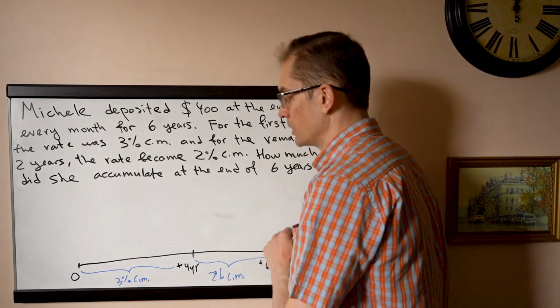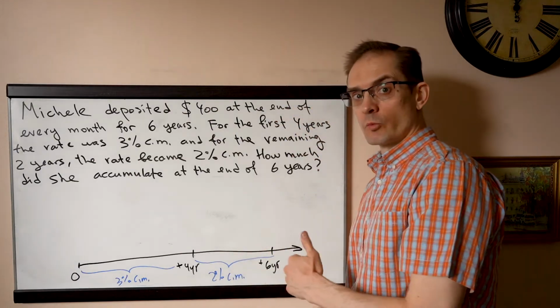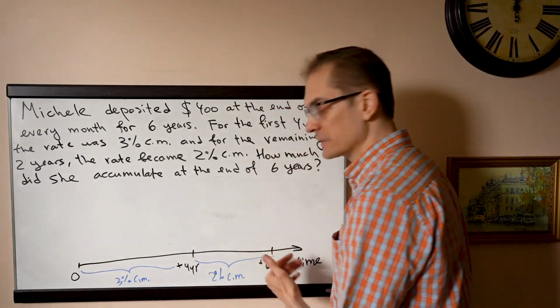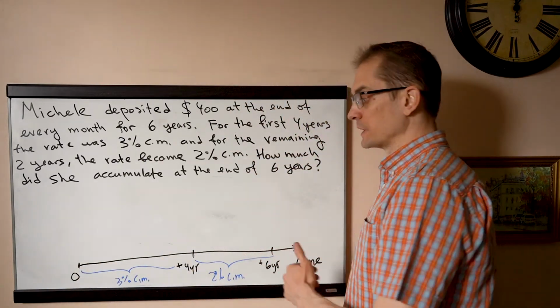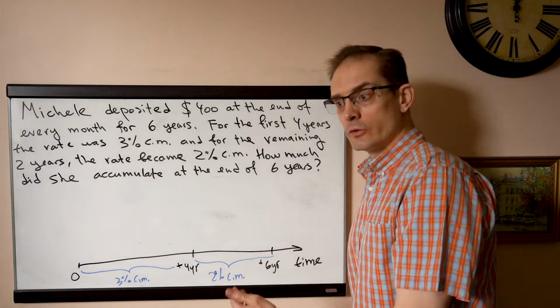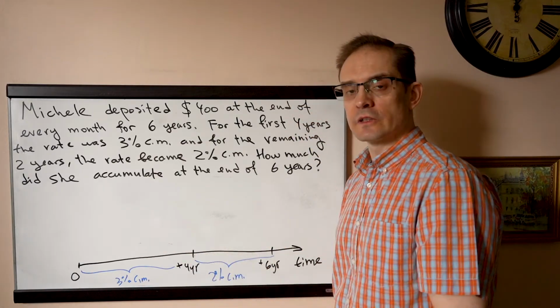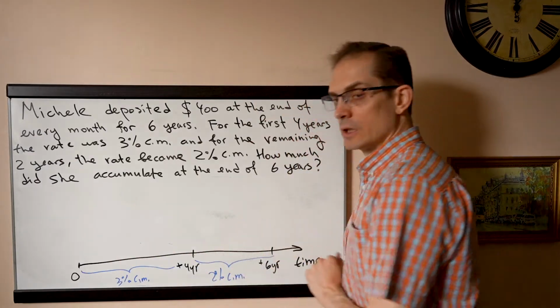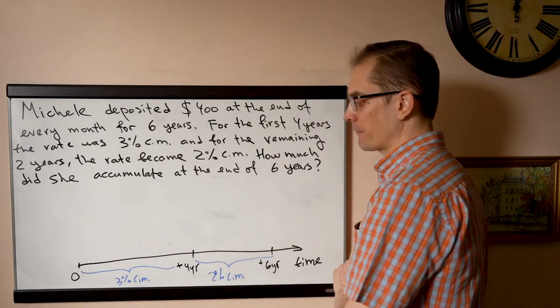So once again, because our rate changes from one to another, we cannot say that it's one annuity for all 6 years. We have to split this annuity into two annuities. Each of those annuities is active in its own time periods, okay?